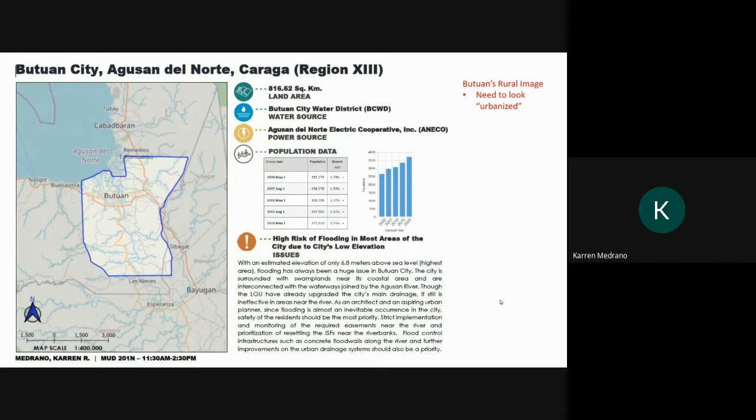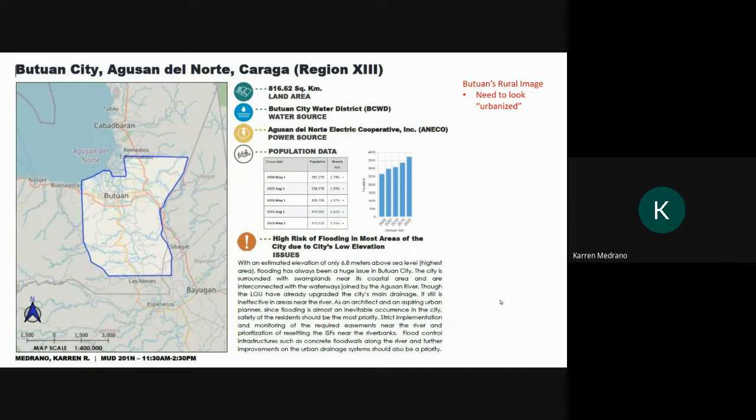The LGU wants to make a smart city. It wants to retain its agriculture and keep its urban side as is, so quote unquote urban. I think it's a good way.